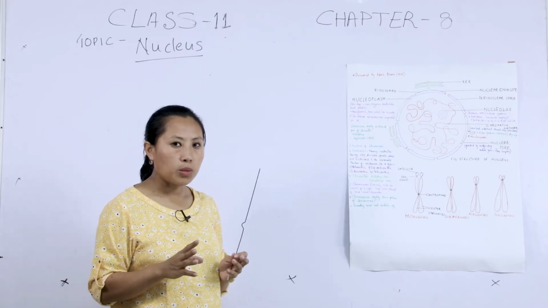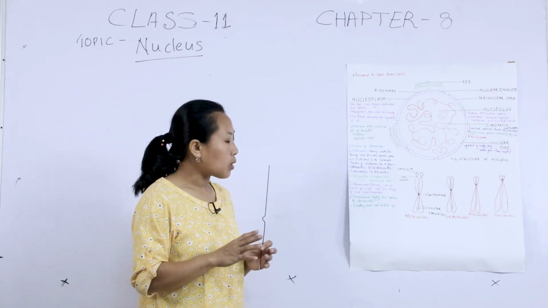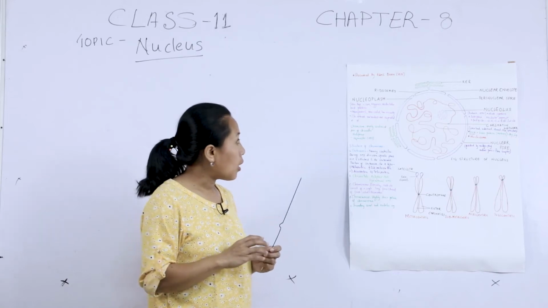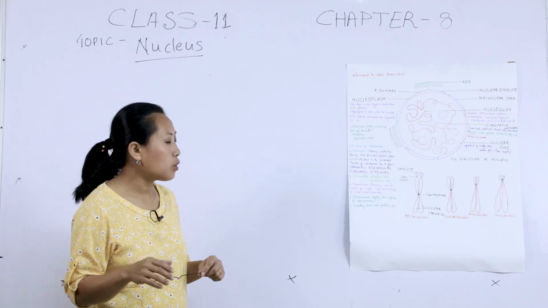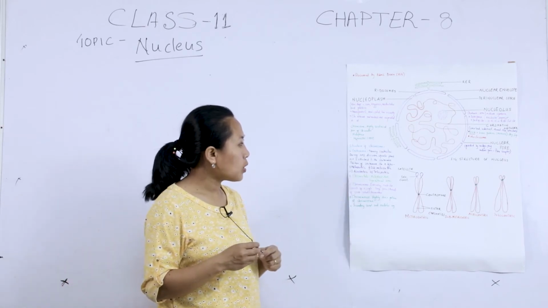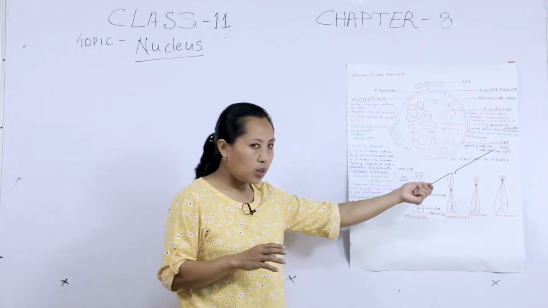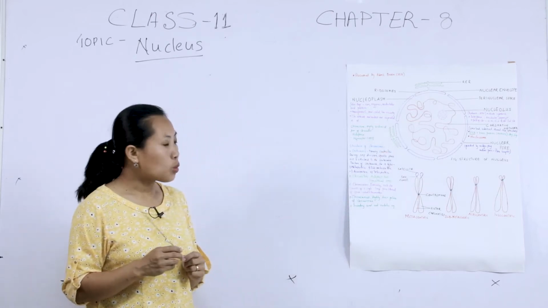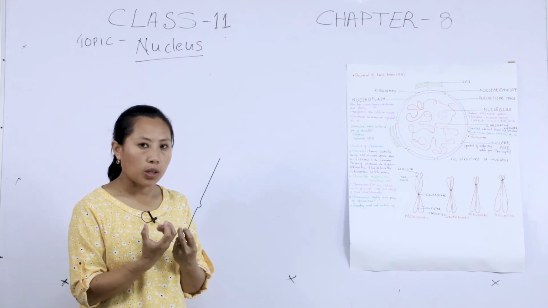No doubt it's a double membrane envelope, but the two layers or membranes are not continuous, and instead they are perforated by pores at regular intervals. These pores which are present at regular intervals on the nuclear membrane are known as nuclear pores. And at these nuclear pores, the two nuclear membranes, the outer and the inner, come in contact with one another.